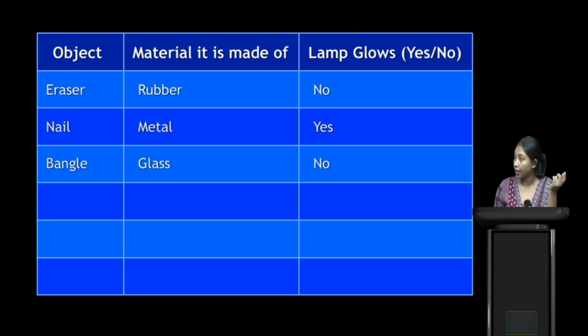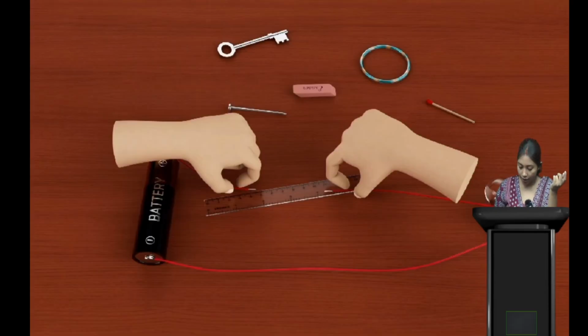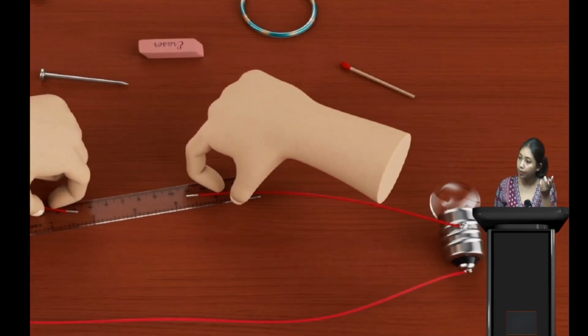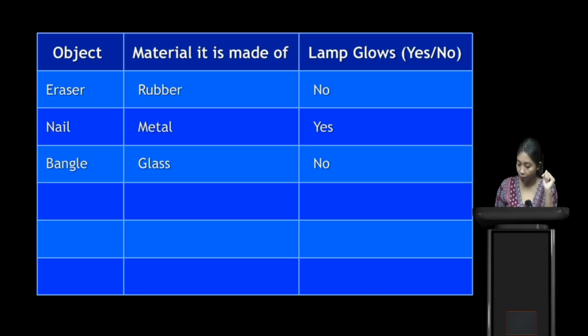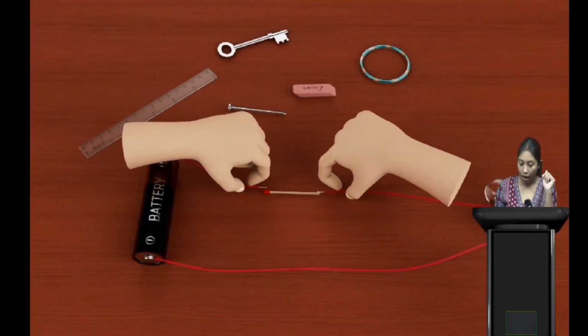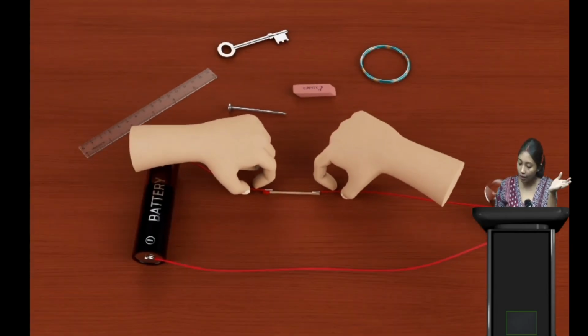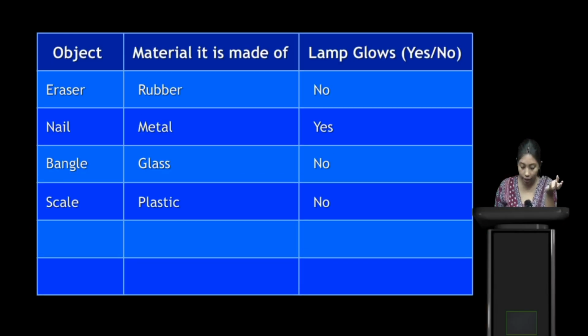Bangle is made up of glass and it didn't glow. When you use the scale, similarly it didn't glow. The scale is made up of plastic. After that, when we use the matchsticks, similarly the light is not glowing.